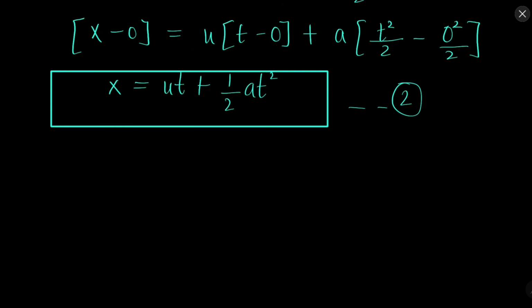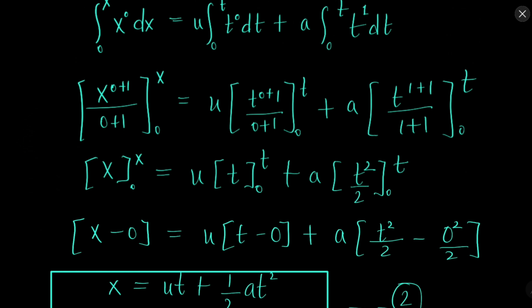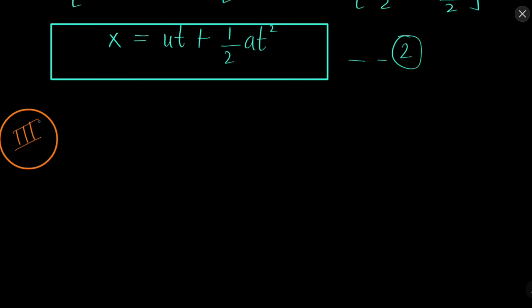Now let's start with the third equation of motion. So for the third equation of motion, what can I do? I can do one thing. I'll again use the first equation of motion, that is v equal to u plus at.